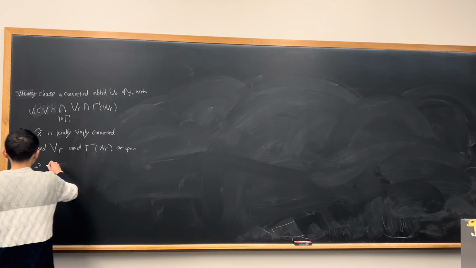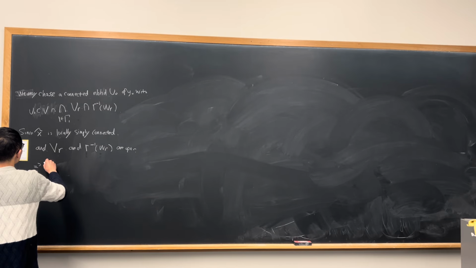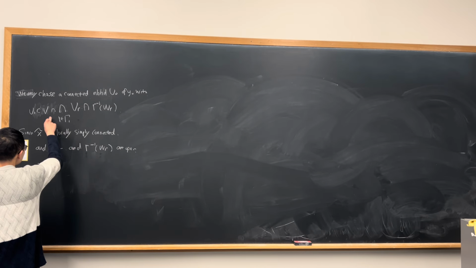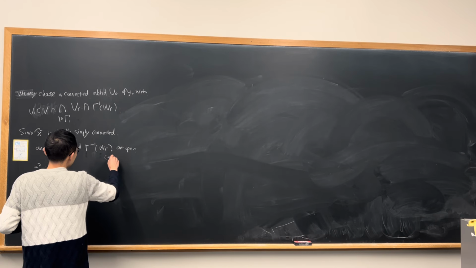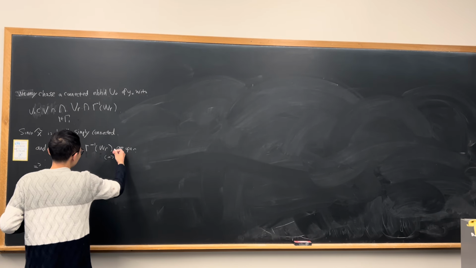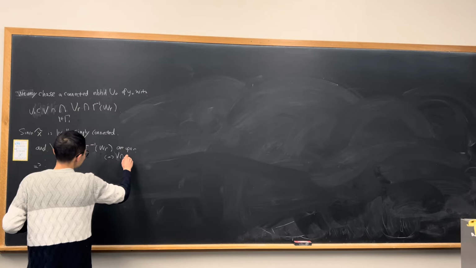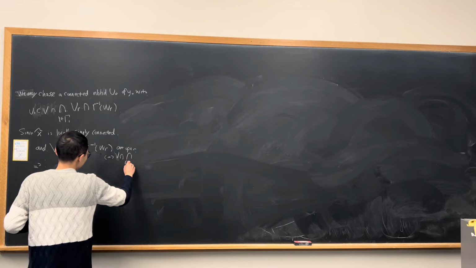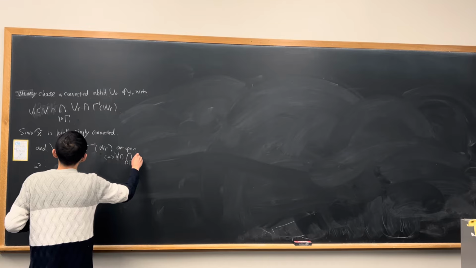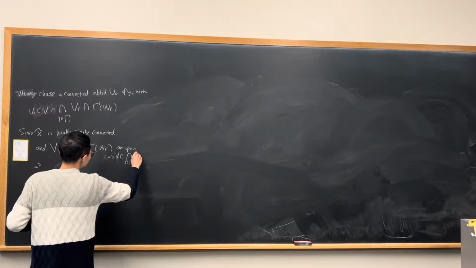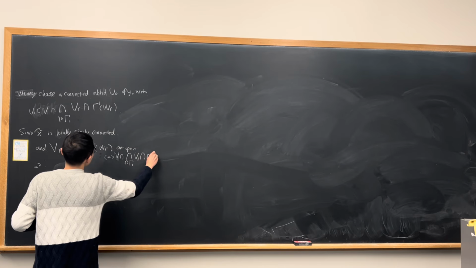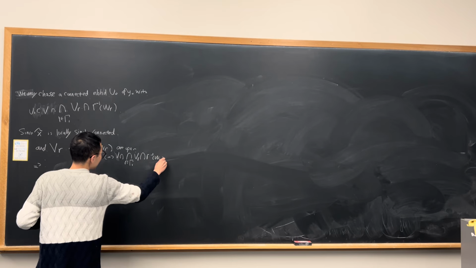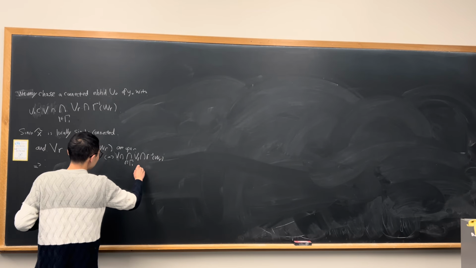So this implies that this set, the intersection of r in this gamma 1 of V r intersect this r inverse of W r, is open.